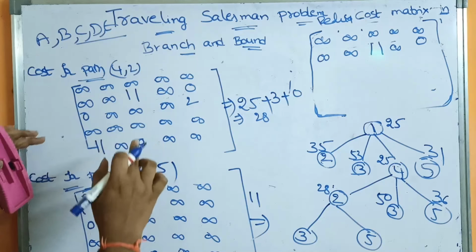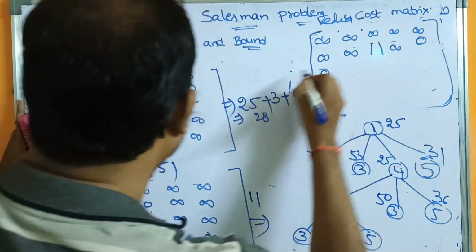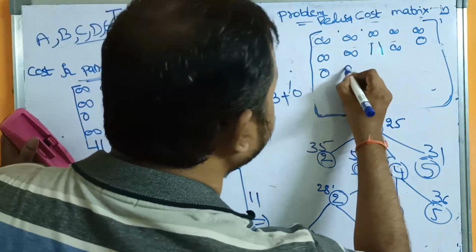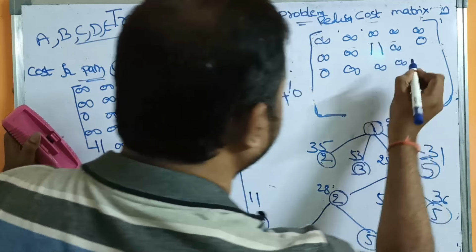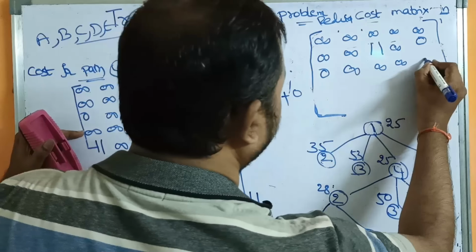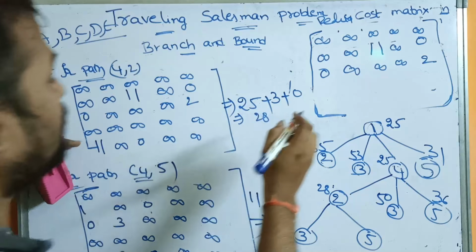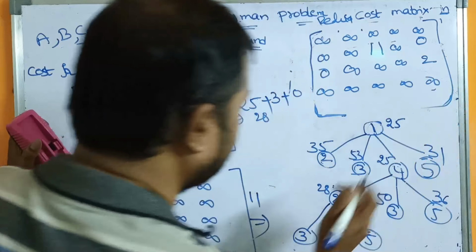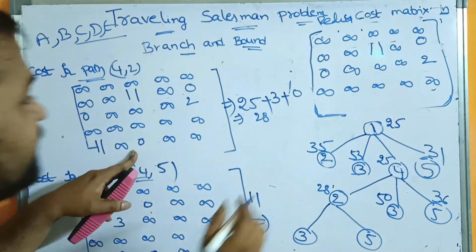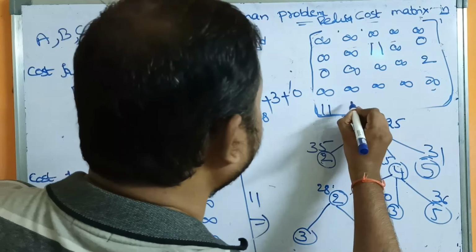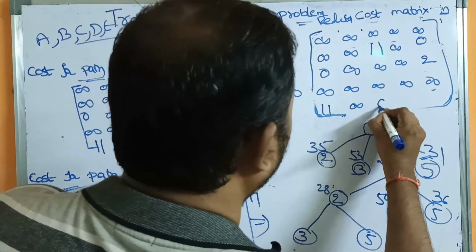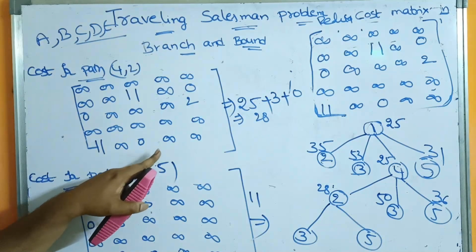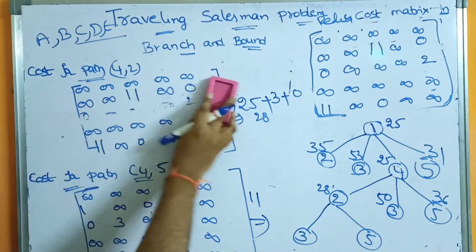Next third row, 0, 3 infinities, 2. Fourth row, all infinities. Next last row, 11 infinity 0 infinity infinity. So let us determine the cost now.